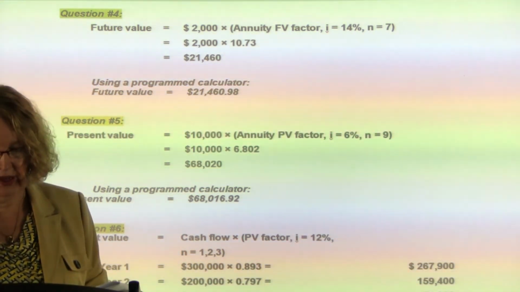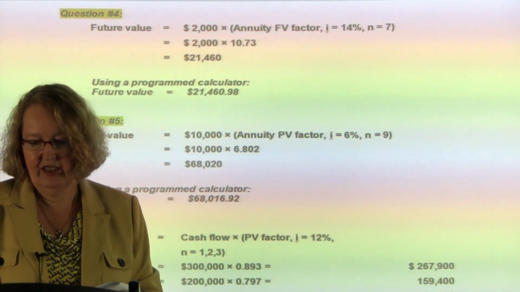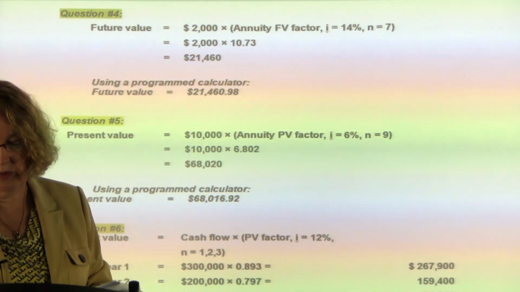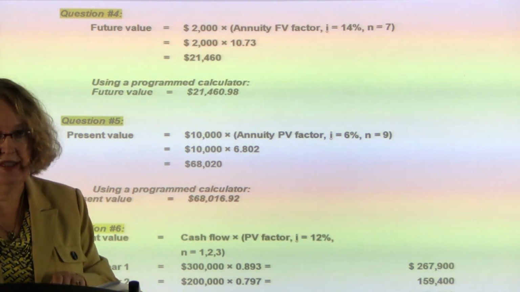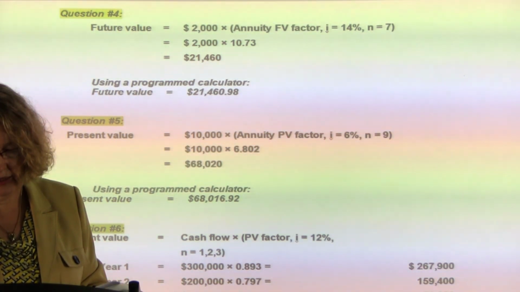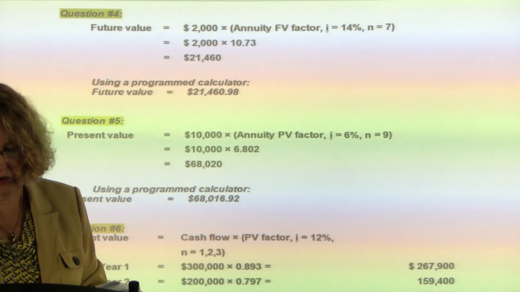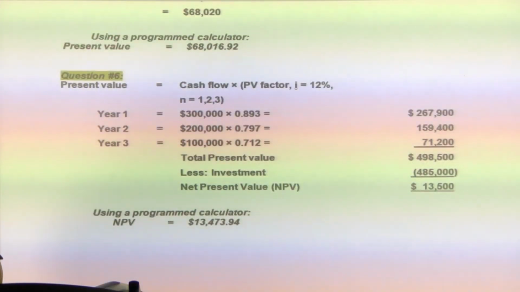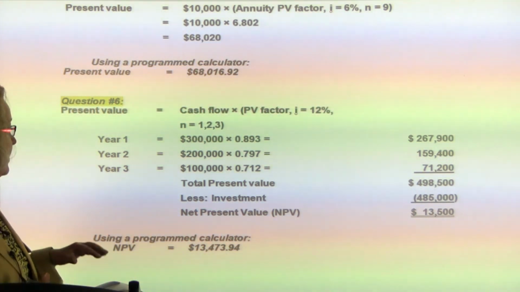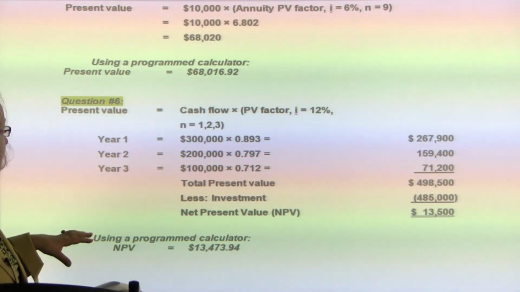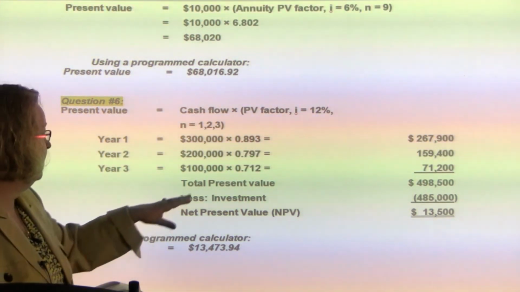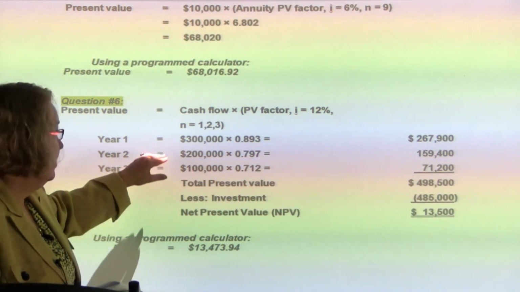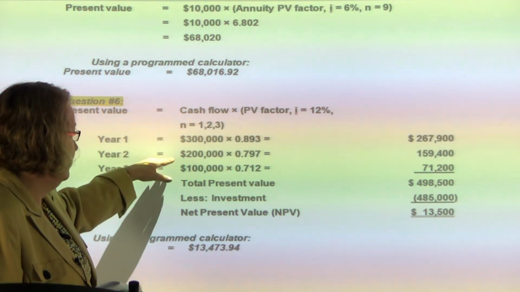And the final one that we're looking at here, in number 6, is Devin, who is considering a capital investment that costs $485,000 and will provide the net cash inflows listed in the table there. They're using a hurdle rate of 12%, or an interest rate of 12%. And you're expecting different cash flows. So here, the present value is going to be at 12%, but you're going to have different factors because for each of the years you're getting a different cash flow: 300,000, 200, and 100.